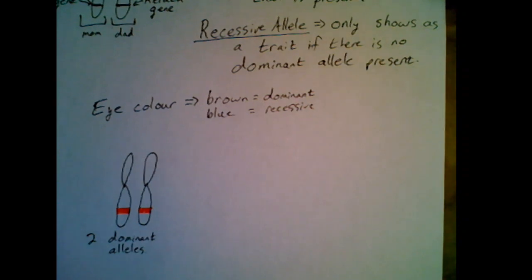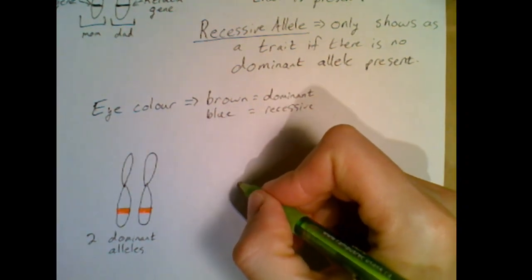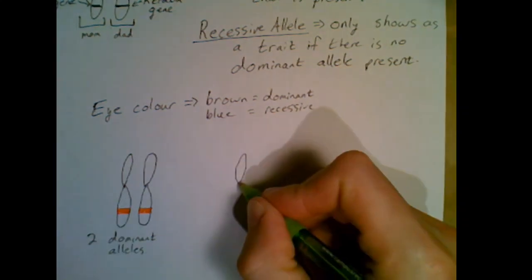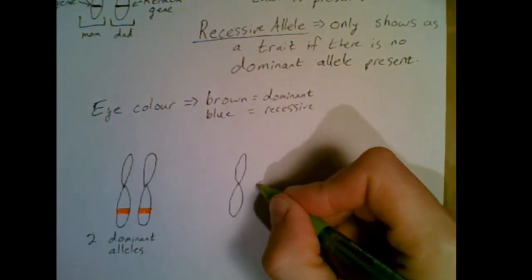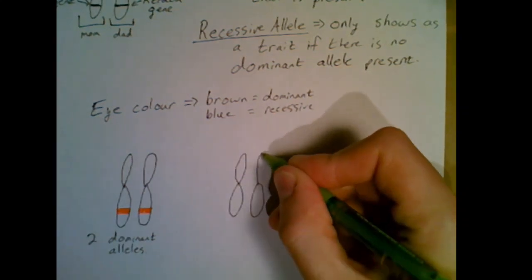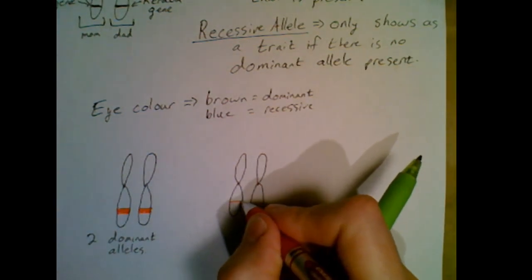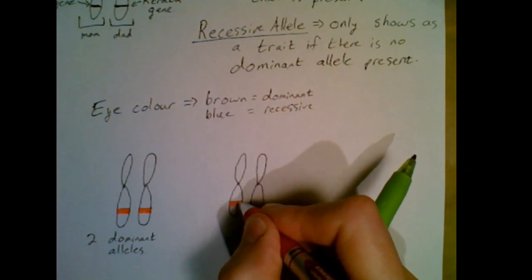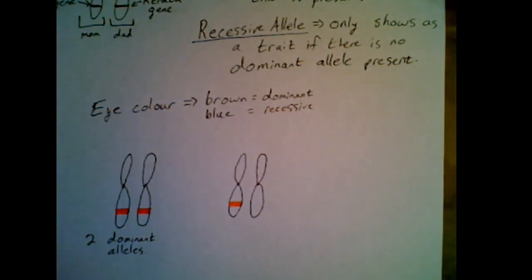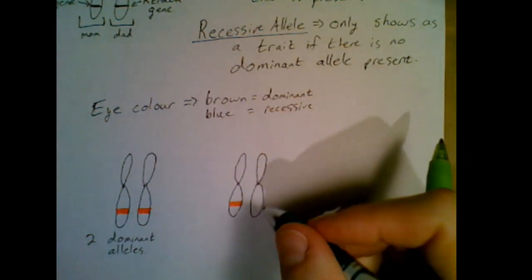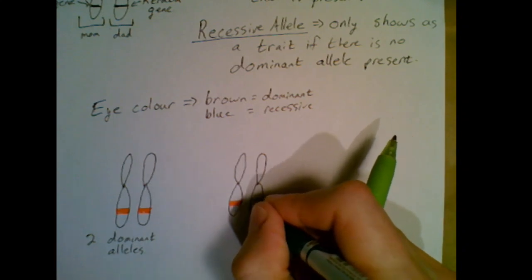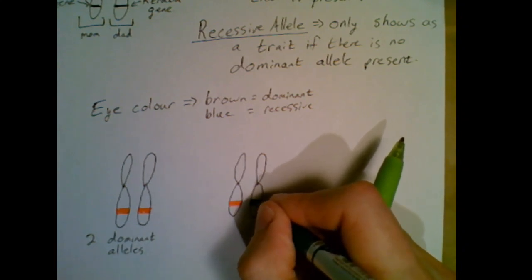But then you could also have somebody who inherits their two chromosomes, and instead of having two dominant alleles, this person is going to inherit one dominant and one recessive, one brown, one blue.